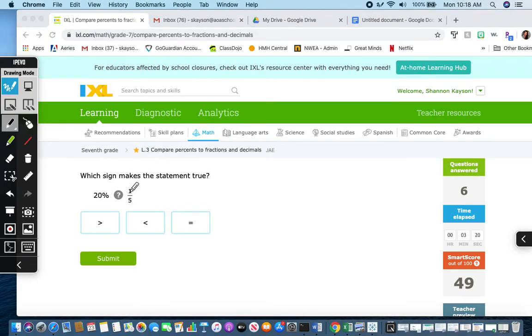So again, I've got 1/5. Now what I could do is turn this into a fraction, but I think it's a little bit easier to do 1/5 into a percent. This is similar to the last problem. We said if we've got a 5 here, we're going to multiply that by 20 over 20, because we know that 20 times 5 is 100.